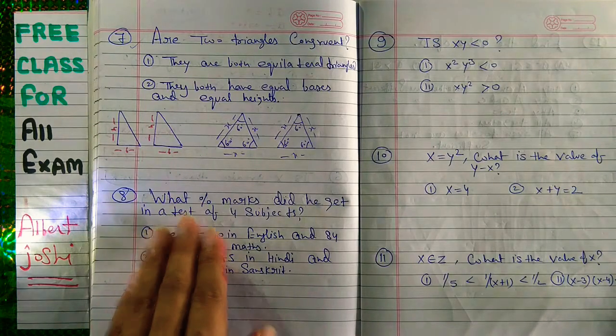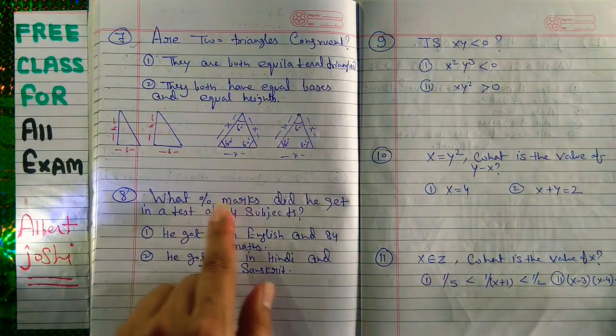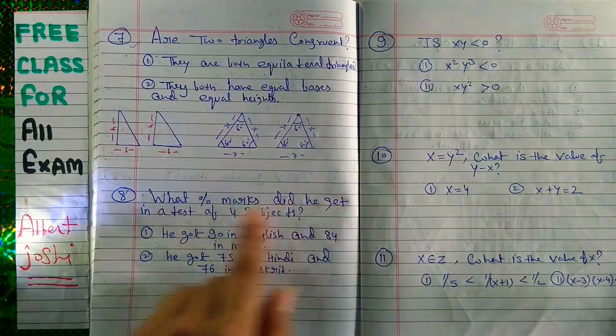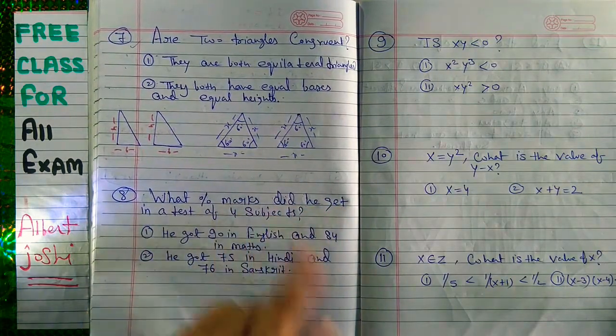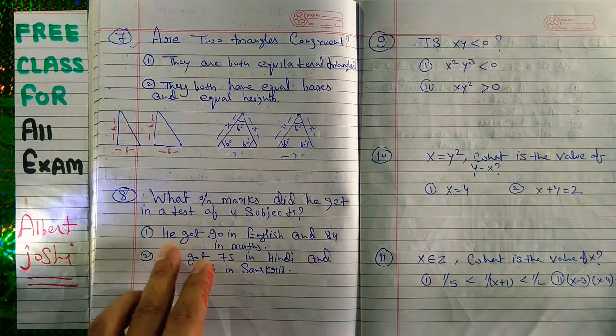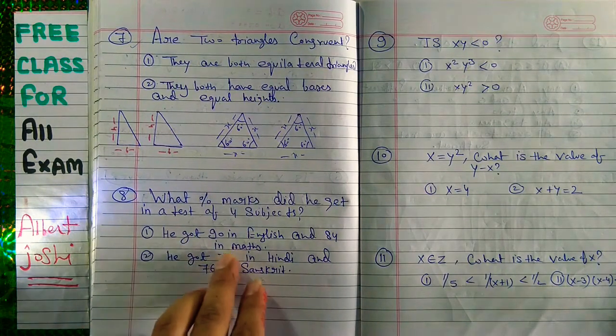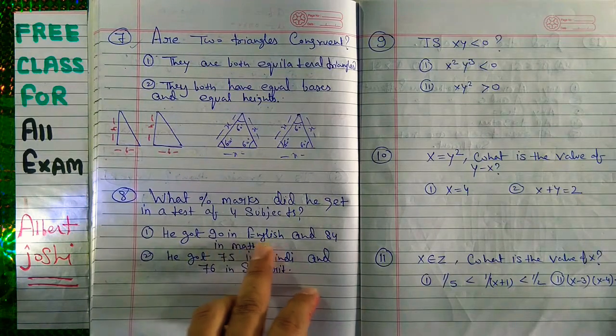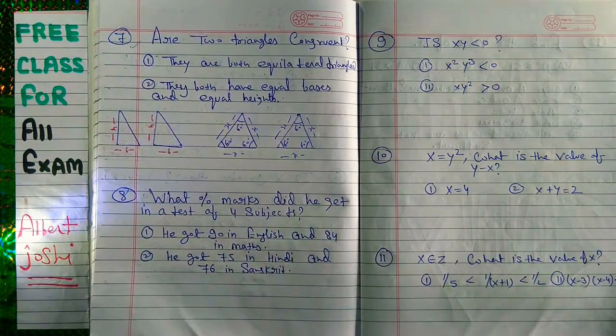Now question number 8: what percentage marks did he get in a test of 4 subjects? Statement 1 is he got 90 in English and 84 in maths.